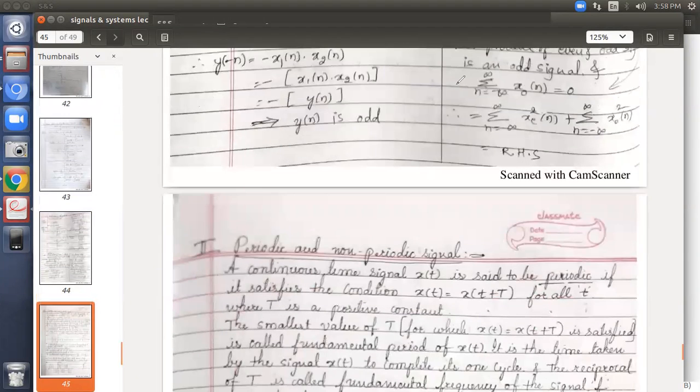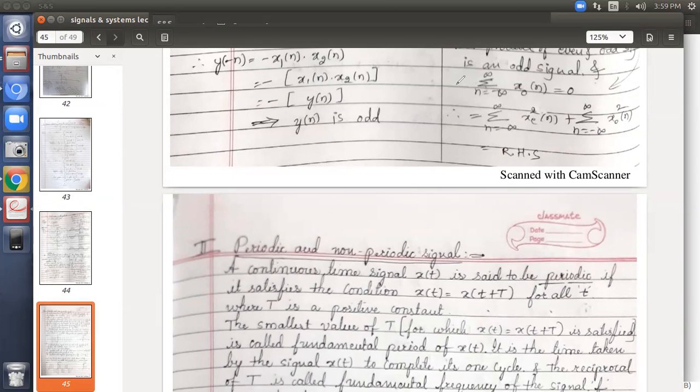Okay, let's come to the second type of signals, that is periodic and non-periodic classification of signals. So we have already seen what is periodic. We know this roughly, we know what a period is. Periodic means a signal which repeats after a certain instant, right? And when you try to define frequency, frequency is the number of cycles per second, and the inverse of the frequency will be the time.